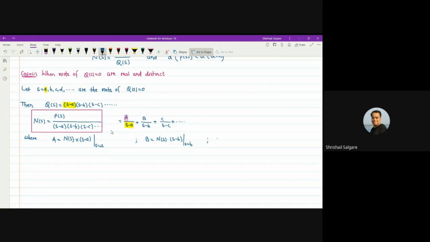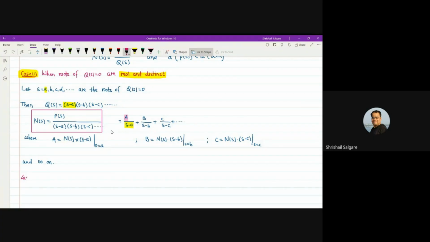Similarly, if you are finding c, then N of s multiplied by s minus c and the value of this function at s equal to c, and so on. In the same manner, further you can calculate the terms. So this is the first case, where the roots are real and distinct.